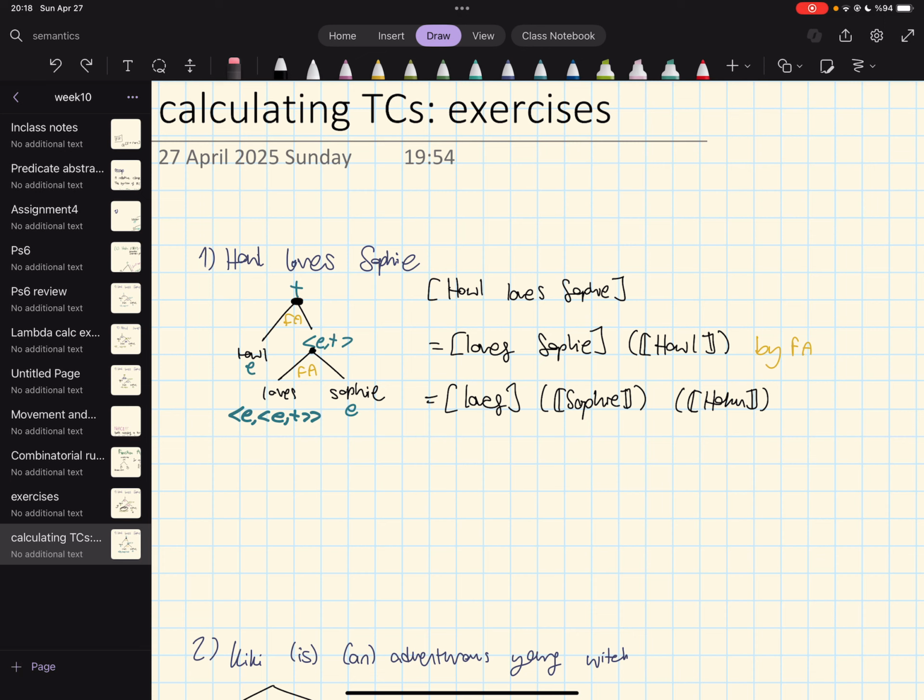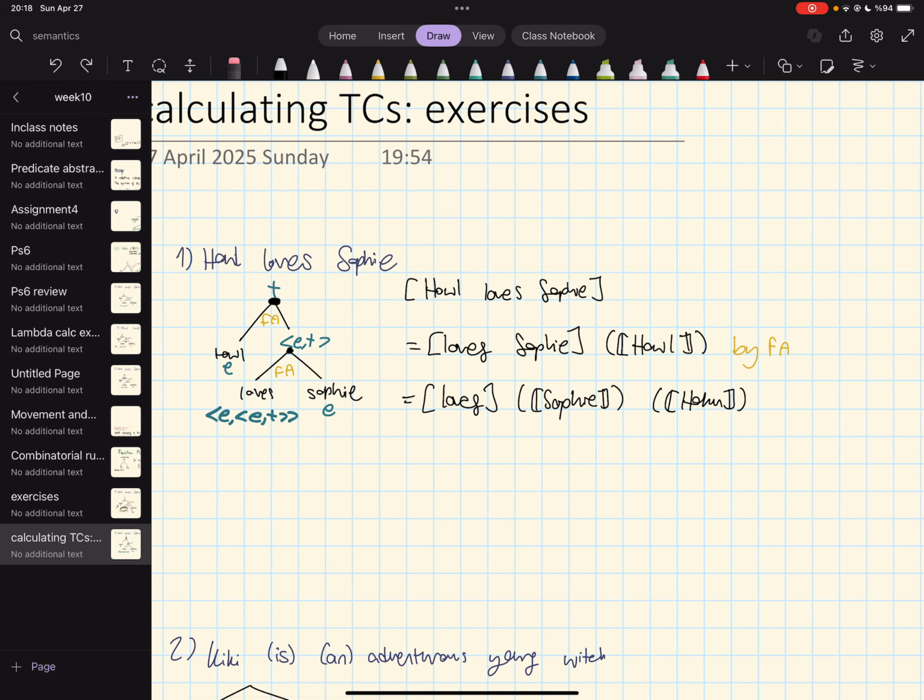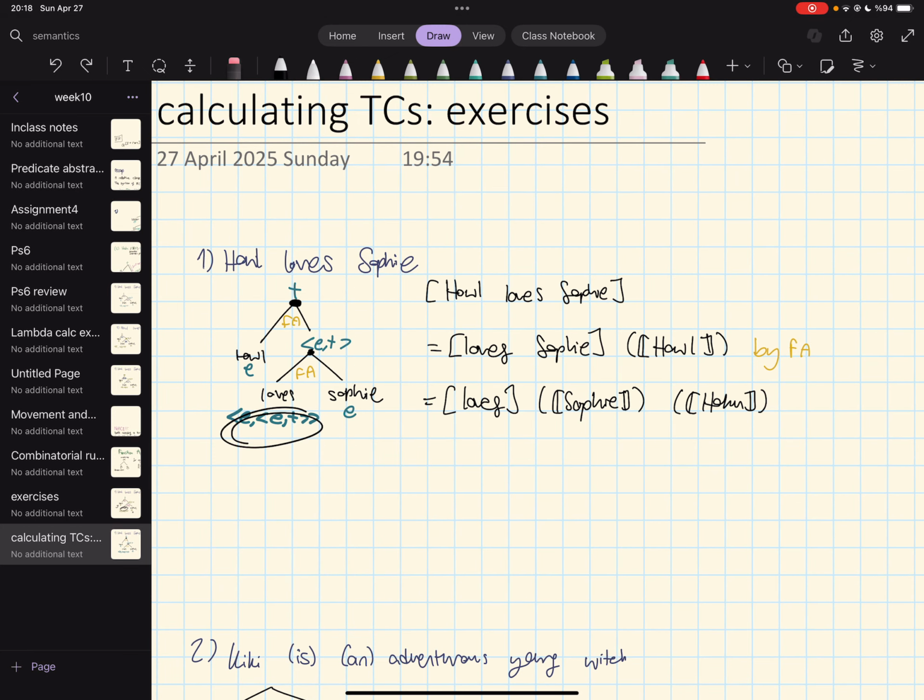The first argument that is next to loves is Sophie and not Hall. This is because loves and Sophie are adjacent to each other in my logical form. What the predicate loves does is connect with Sophie first, and then it connects with Hall. So Sophie comes first, which is the object. The object comes first, and then the subject, in my logical form, because this is the first function. And it is right next to Sophie. It's sister to Sophie. So this was also achieved by function application.